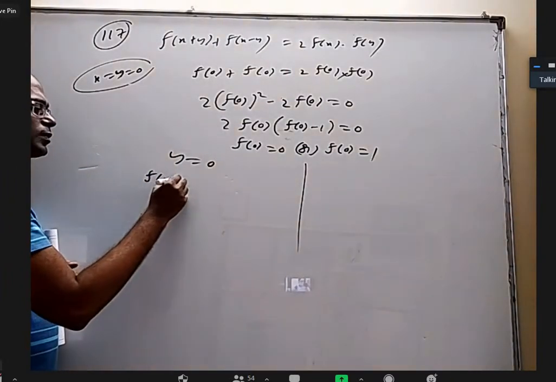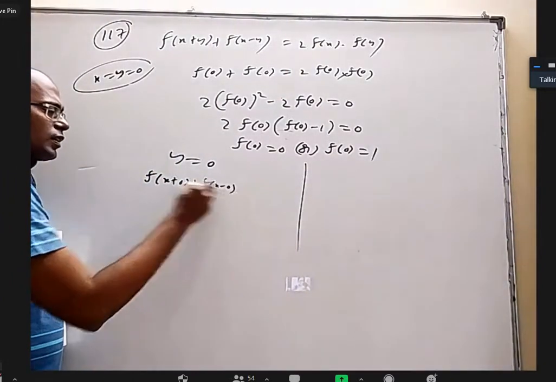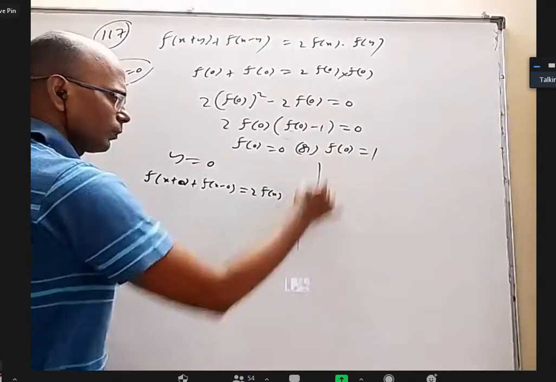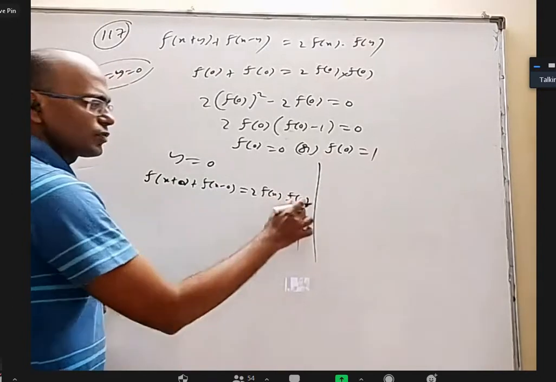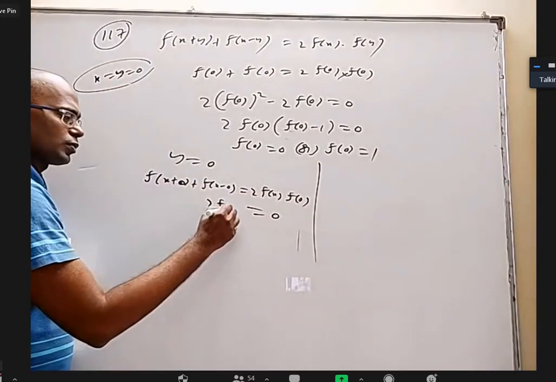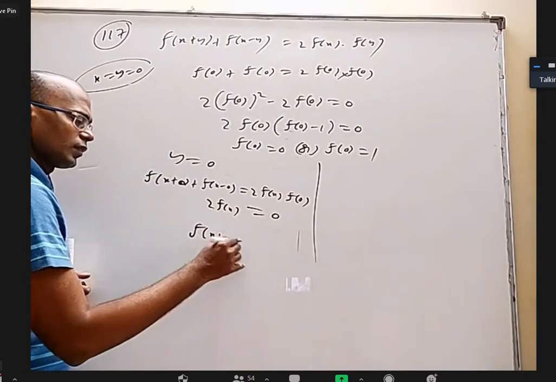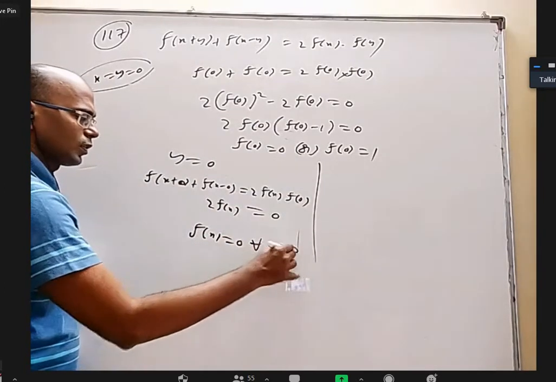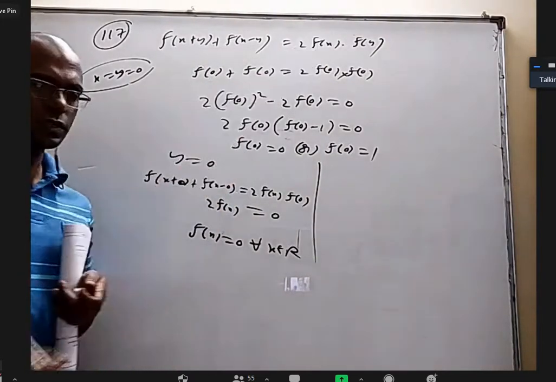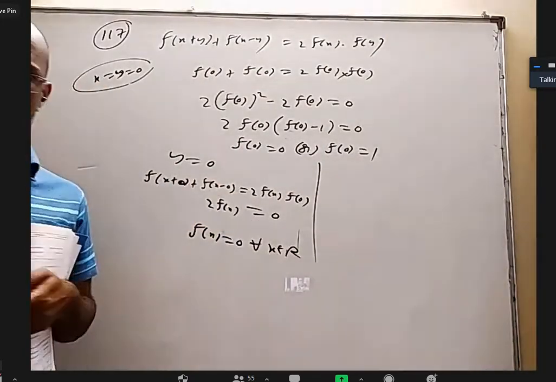I'll get f(x plus 0) plus f(x minus 0) equal to 2 into f(x) into f(0). But f(0) is 0, so the whole right side is 0, and the left side f(x) plus f(x) is 2 f(x). So basically you got f(x) equal to 0 for all x belonging to R. If f(0) is 0, the function satisfying this is always 0. That is the only function.